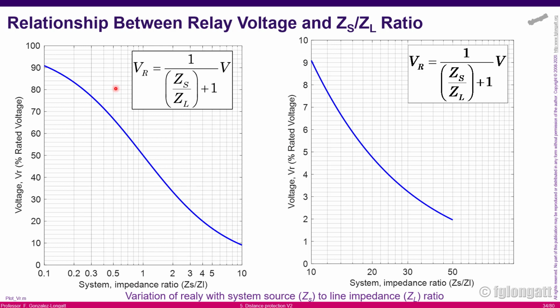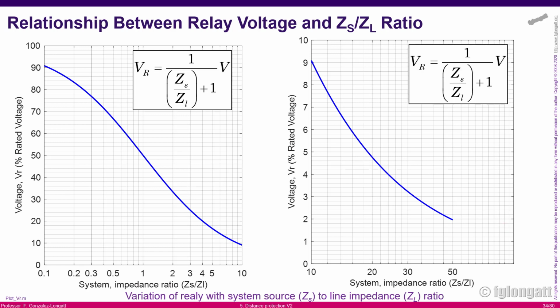On the horizontal axis is the ratio between the source impedance and the line impedance. I use a linear axis for the voltage and a logarithmic scale for the horizontal axis.